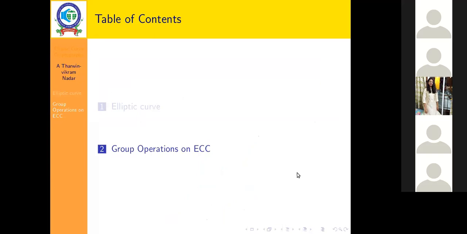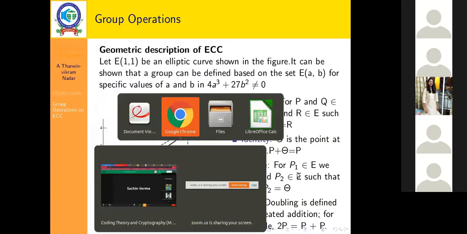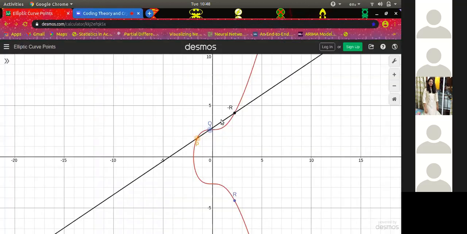And we will try to define a group operation. Before defining the group operation: the group operation defined on elliptic curves is addition. So how is addition defined on an elliptic curve?